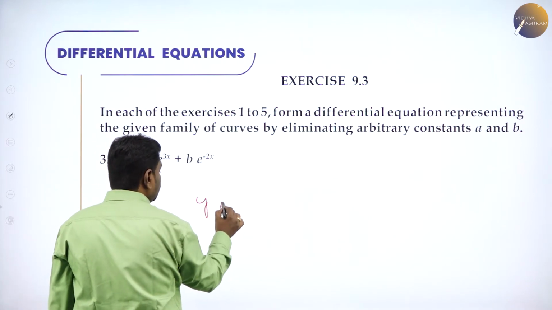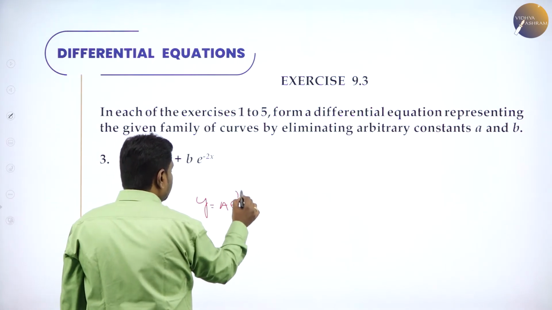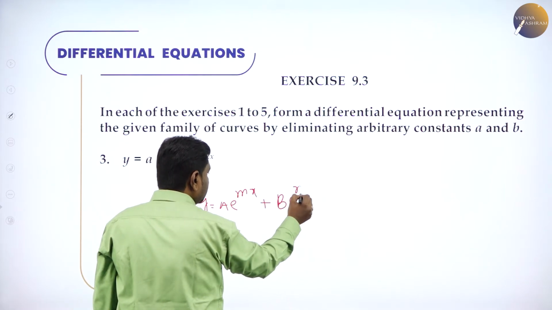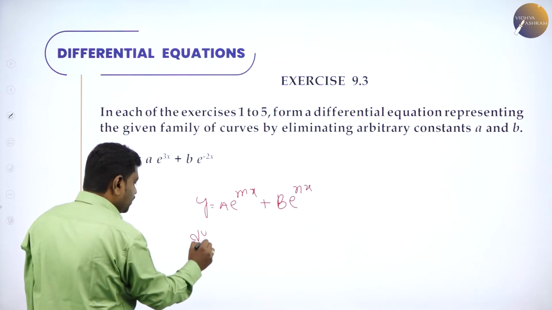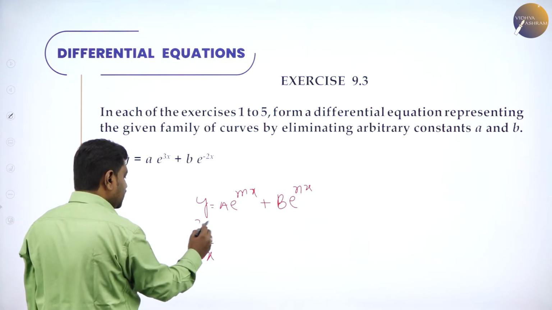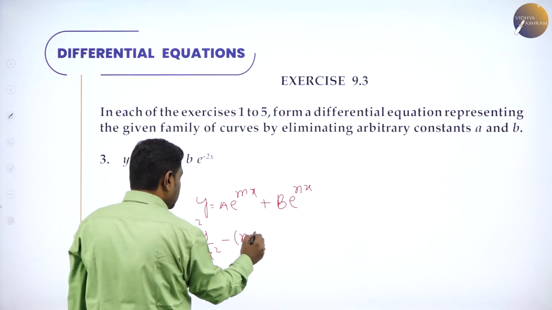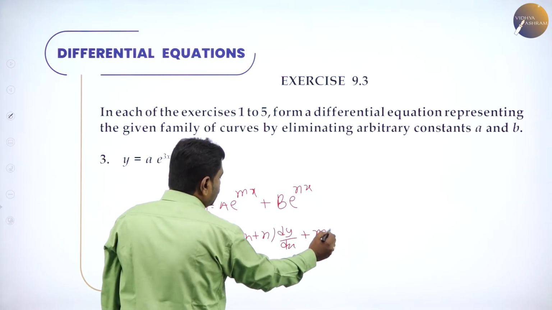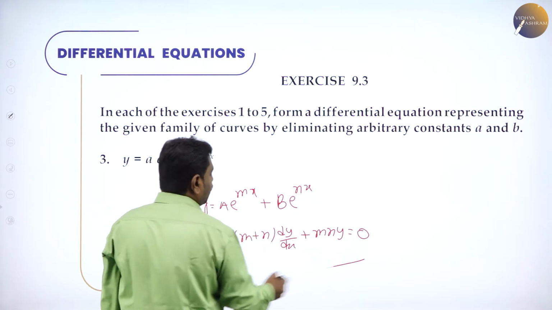So y is equal to a into e power mx plus b into e power nx, then d square y by dx square minus (m plus n) into dy by dx plus mn y equal to 0 is the hint of the problem.